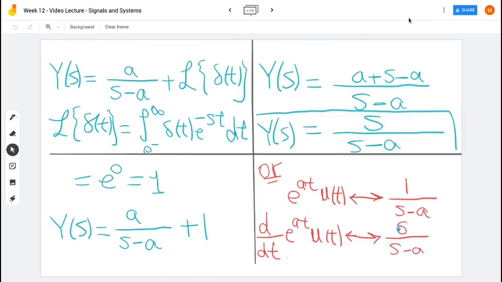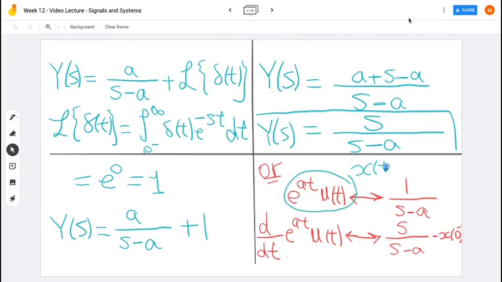And next we need to subtract the value of x small, the function we have, evaluated at instant 0 minus. This is our x of t.